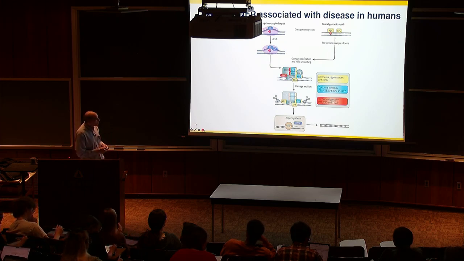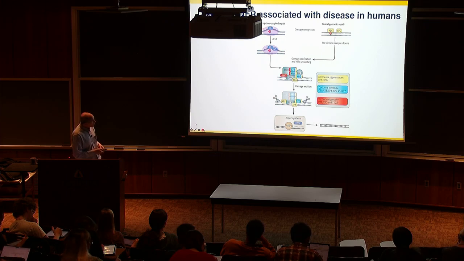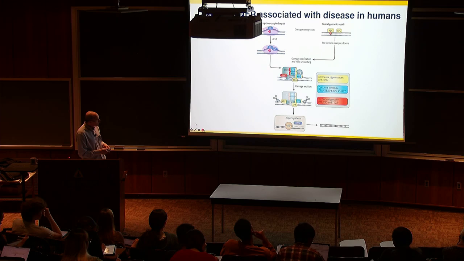And the disorders are xeroderma pigmentosum, Cockayne syndrome, and trichothiodystrophy. But in terms of the enzymology, it's essentially the same reaction. Snip out, here are the scissors, snip out a little bit of DNA and resynthesize.